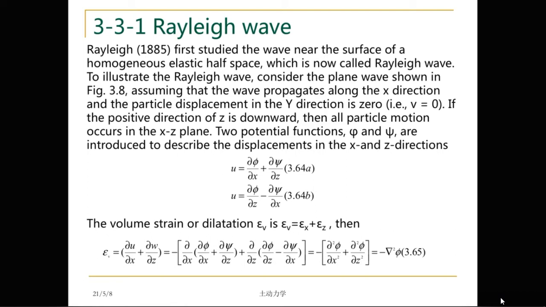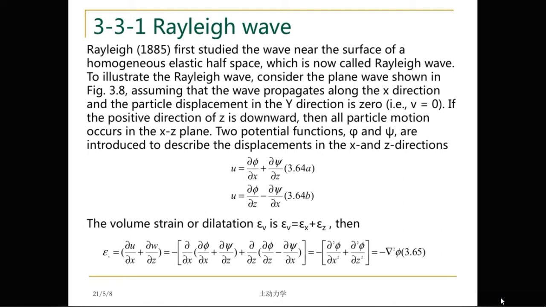To illustrate Rayleigh waves, consider the plane wave shown in the figure, assuming that the wave propagates along the x direction and the particle displacement in the y direction is 0, v equals 0. If the positive direction of z is downward, then all particle motion occurs in the xz plane.